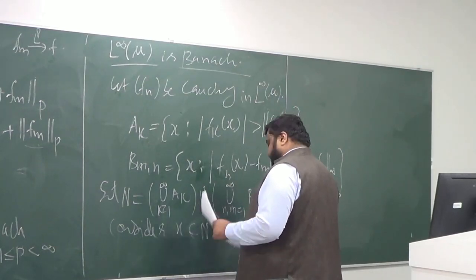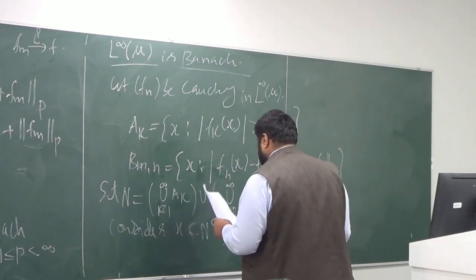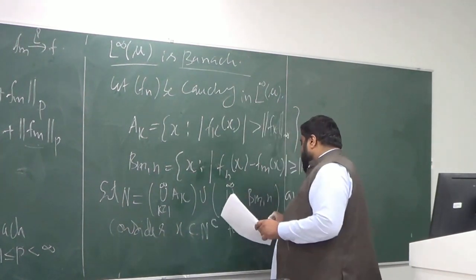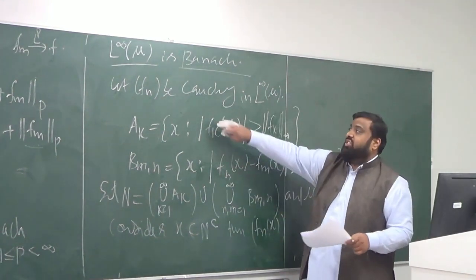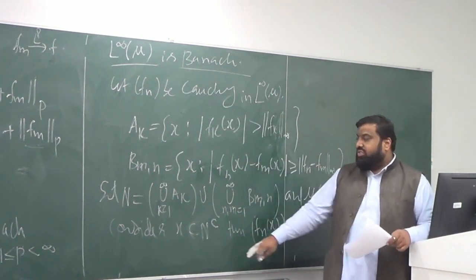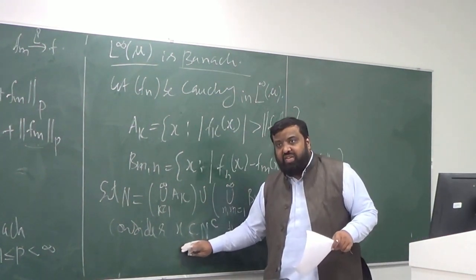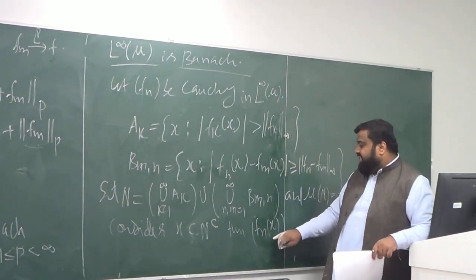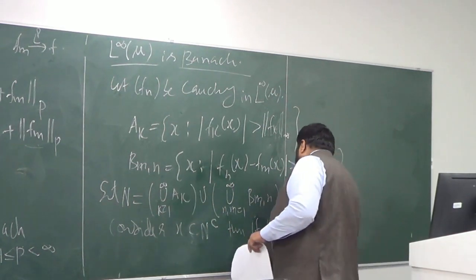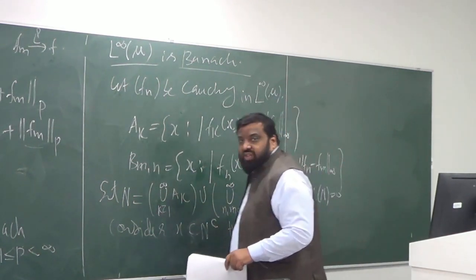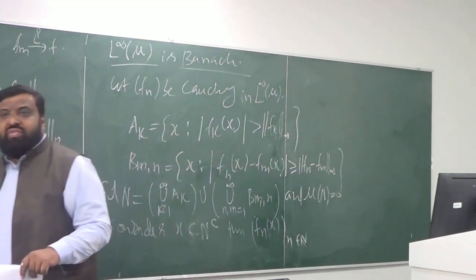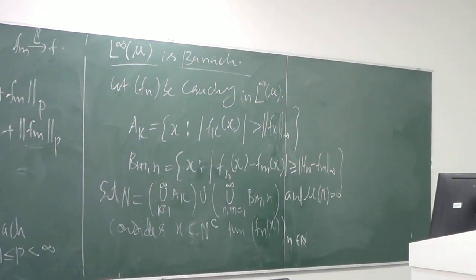I can treat Fn at that point x actually. So take a point x from N complement and consider Fn of x. What can I say about Fn of x of this sequence? Bounded or not?